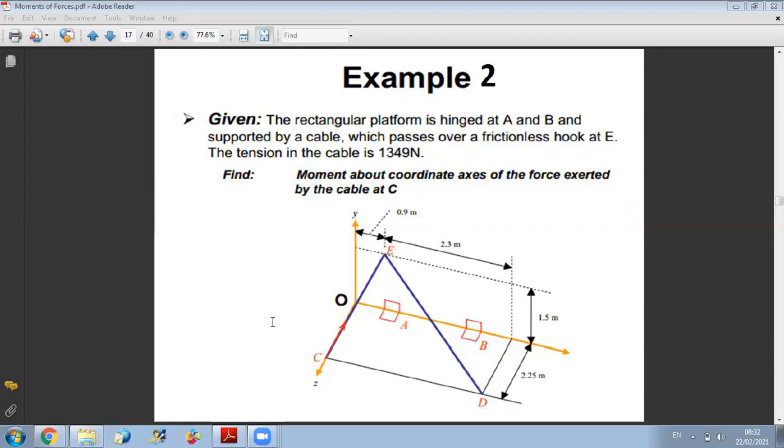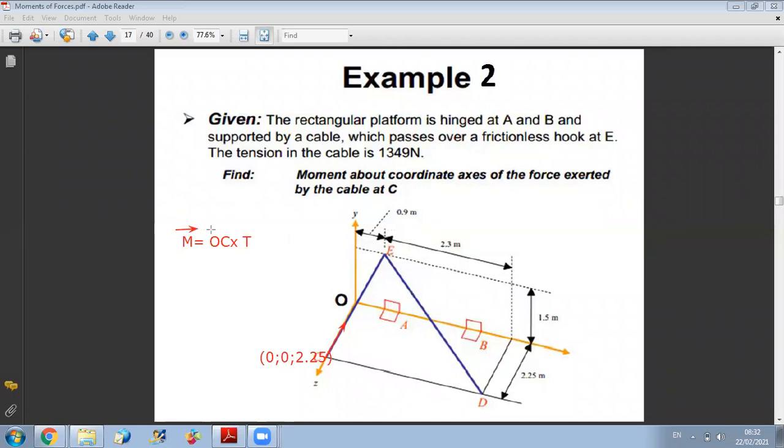So the coordinates of C are 0, 0, and 2.25. Okay? So now I can say that the moment vector M is equal to OC vectorial the tension vector T. So let me put the vector arrow. So it's OC vectorial T.